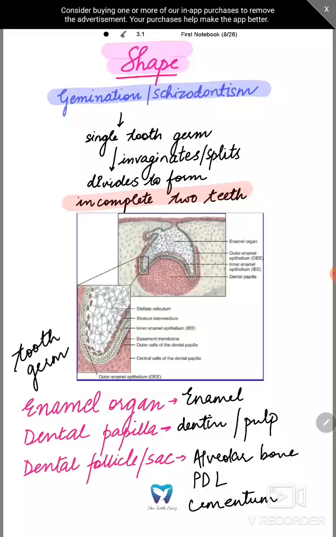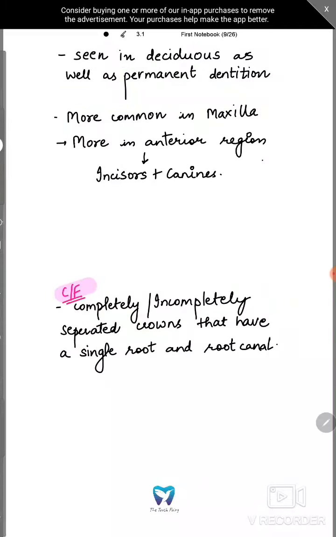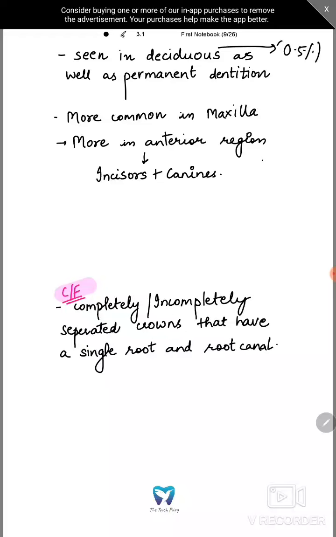So there is a split in one tooth germ and it gives rise to two incomplete teeth, that is gemination. It is seen in deciduous as well as permanent dentition. In deciduous it is about 0.5%, and it is lesser in permanent dentition, 0.1%. It is more common in the maxilla and in anterior regions like incisors and canines.